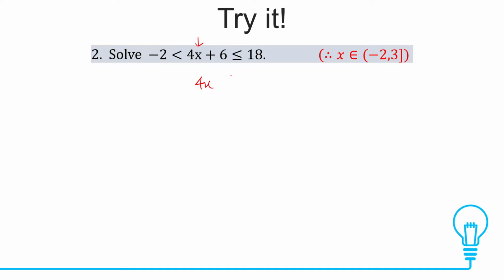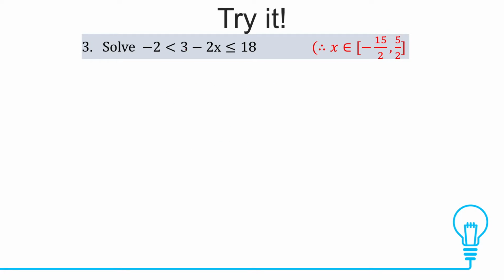We have 4x plus 6, and when you do the manipulation, it will become minus 6. So this is minus 2 minus 6, so we have minus 8, 4x, 12, and then we want the middle to be only x, so we have 3 and negative 2.